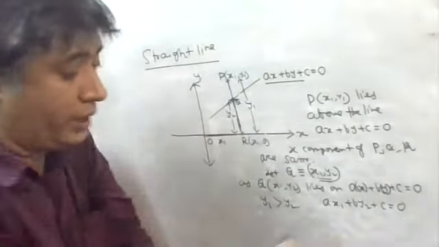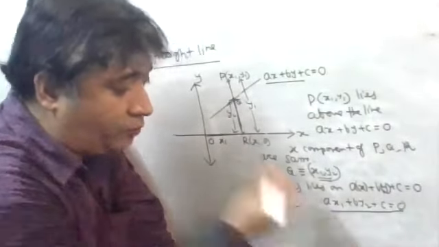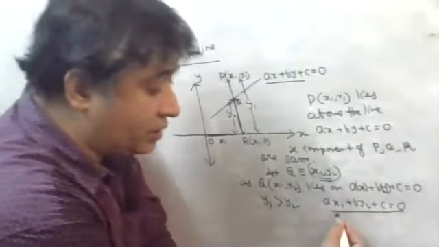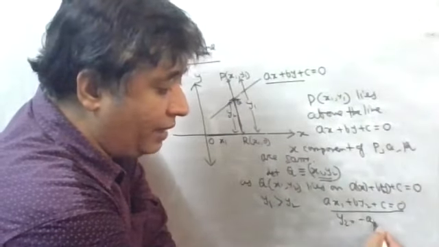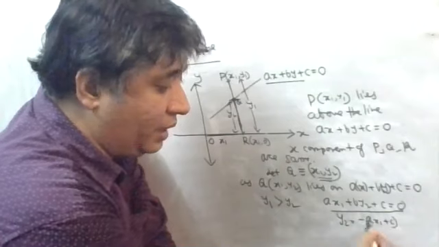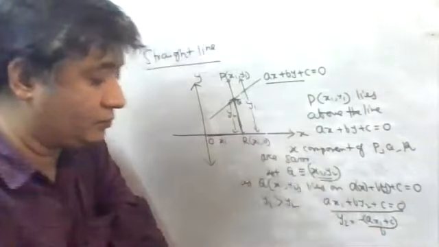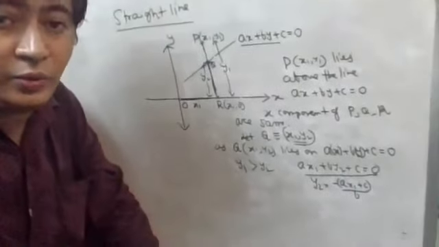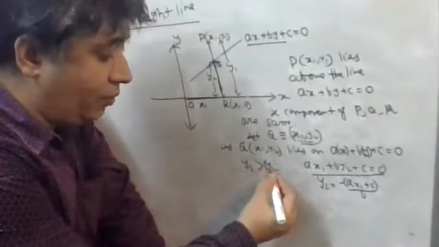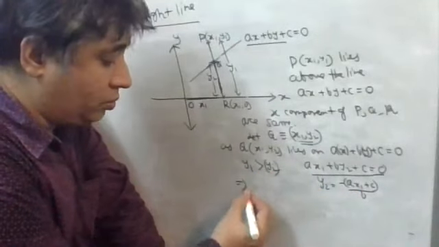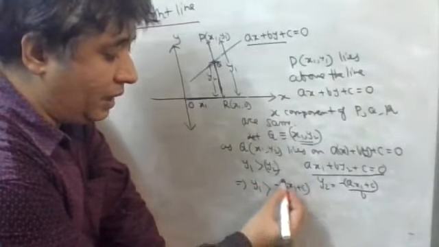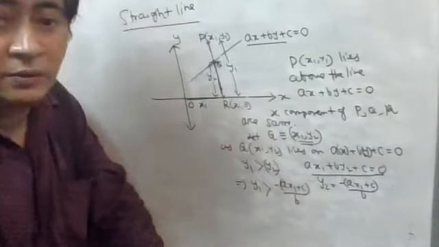You derive or extract y2 from this result. See, y2 is minus x1 plus c by b. Okay, this is y2.